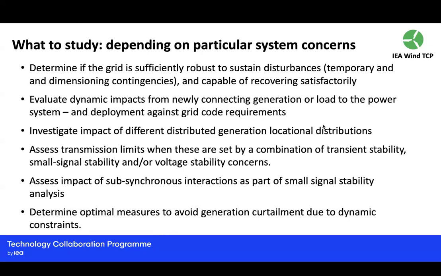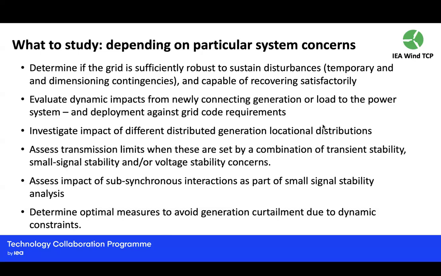And then, the wind, solar, and storage resources are a different technology compared to conventional synchronous machines, the big machines that we are used to operating with. So you need to consider whether there are any interactions between these resources. If the model builds a lot of this type of generation in a certain area remote from the rest of the grid, there may be control interactions that need to be taken into account.